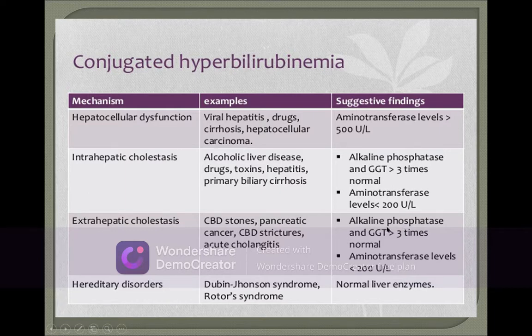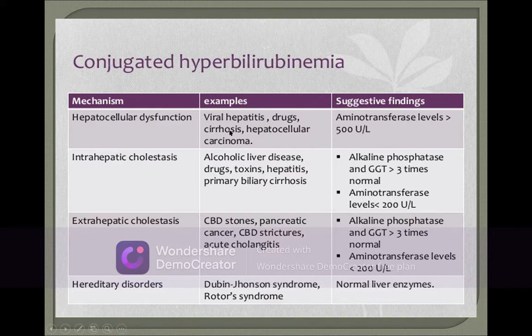Again, here the alkaline phosphatase is very high in comparison with the gamma GT, which is also high. And ALT is increased two to three times, not five, seven, or ten times as in the first one, dysfunction of the liver.